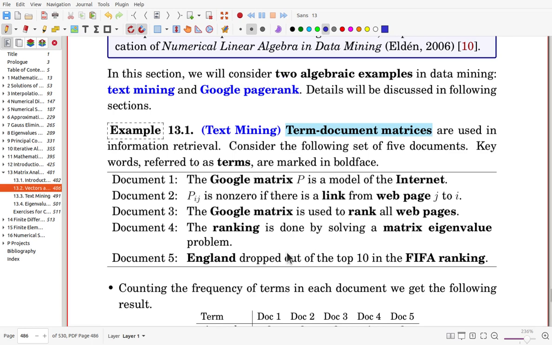In text mining, we try to find documents having the keywords in a query, so that by assuming we have only 5 documents in the internet, by using some query, you can find the relevant documents.